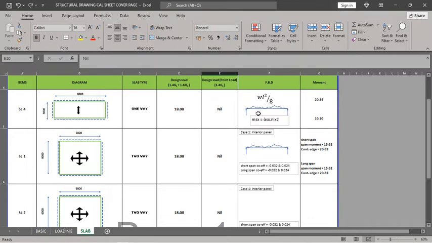Now this is the arrangement of the slab. When we take slab type 4, it is spanning 3 meters. So this is a representation.